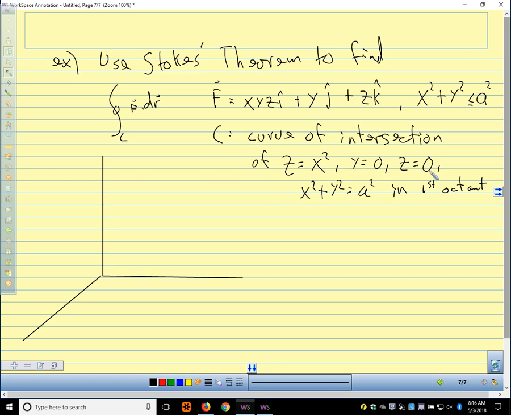So we're bounded by the xy plane and the xz plane. z equals x squared? What is that? A parabola, and y can be anything. So we get a parabolic cylinder, but we're bounded by y equals 0 and z equals 0, so we get half of this. Half of that parabolic cylinder.